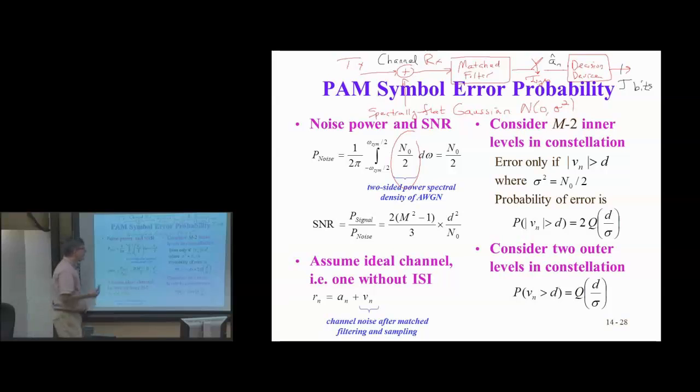Now I'm assuming that earlier, if you remember, I assumed that the symbol time was what? To make it easy. What was the symbol time? 1 second. And that means that the symbol rate is 1 hertz. You got it.